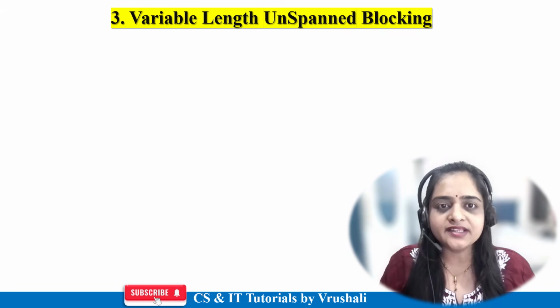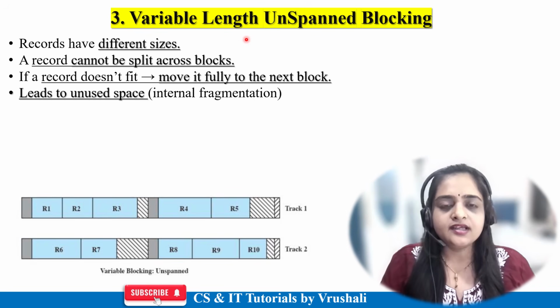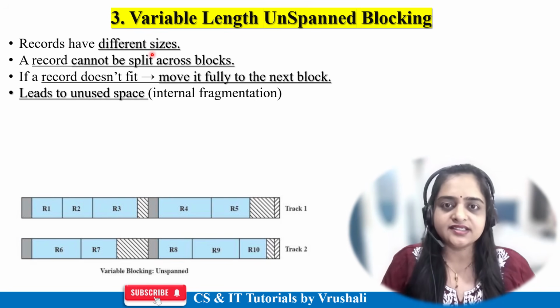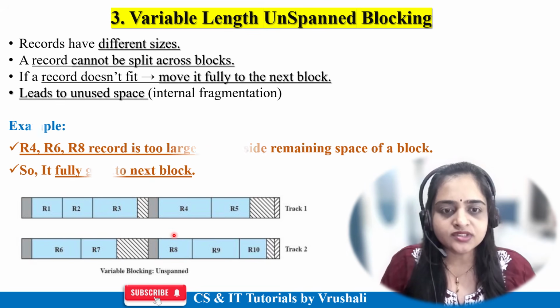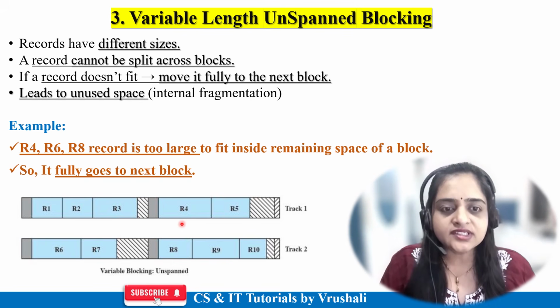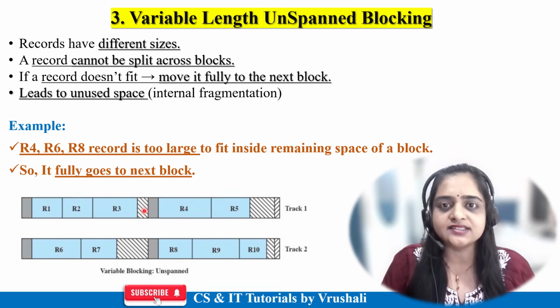Now the last method is called variable length unspan blocking. Again, here records have different sizes. But suppose in this diagram the R4 record requires a large amount of memory. So this R4 record cannot fit in this particular place, right?